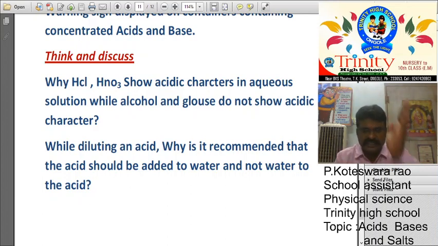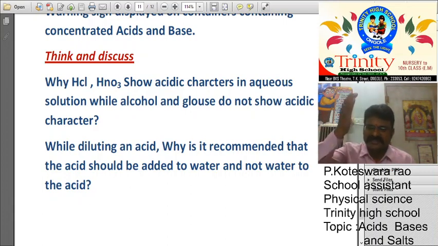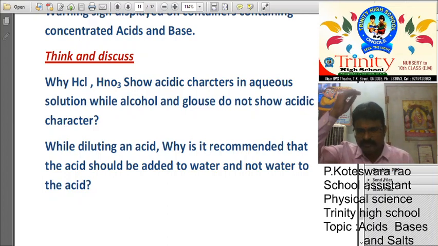Acid or base added to water is the best method. Water added to acid or base is not a good method, because it may cause us problems. It will produce fire.